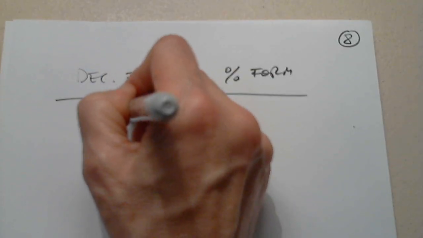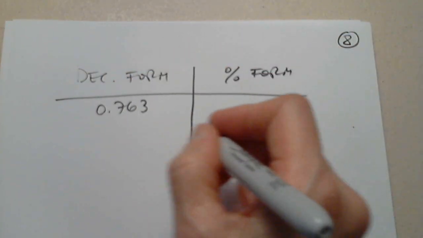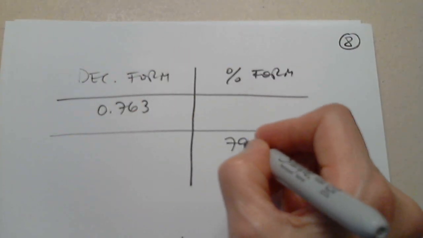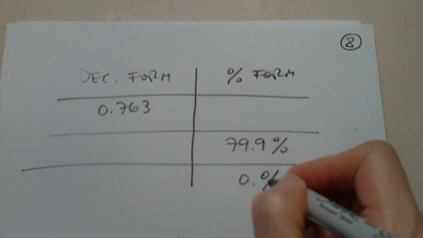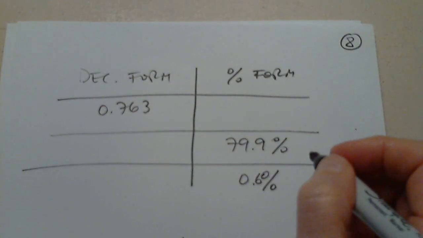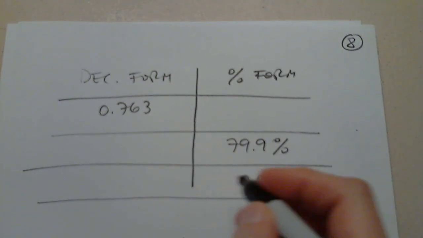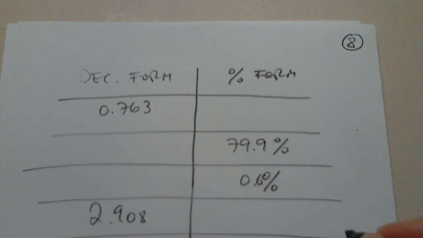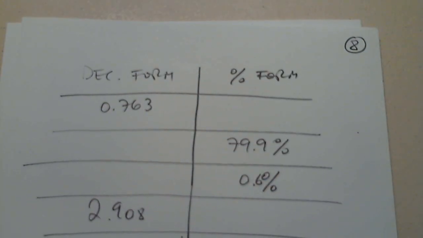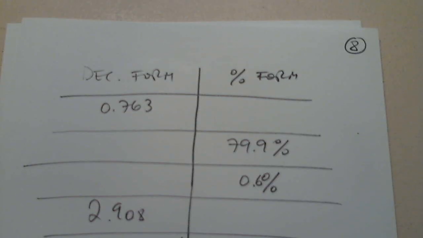We have 0.763, 79.9%, 0.6%, and the last one, 2.908. So they want us to fill in the table. Okay? So we have to change this into percent, and we have to change this back into decimal, and so on and so forth. Good.